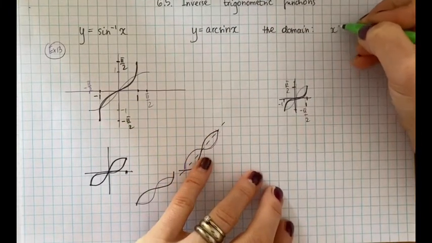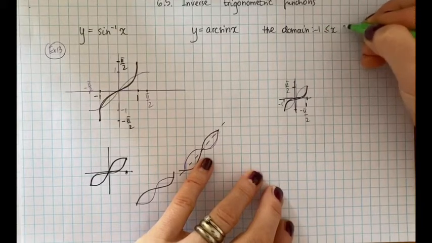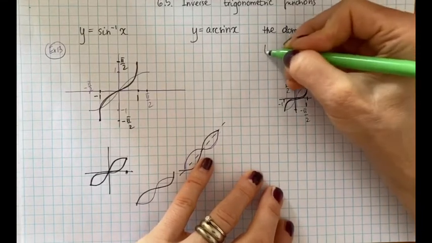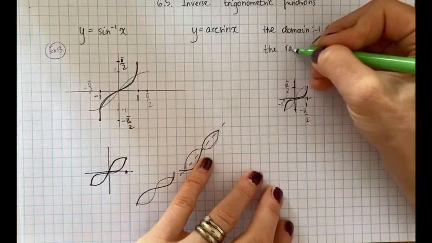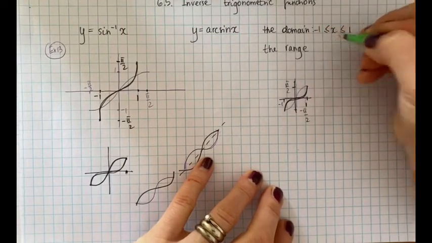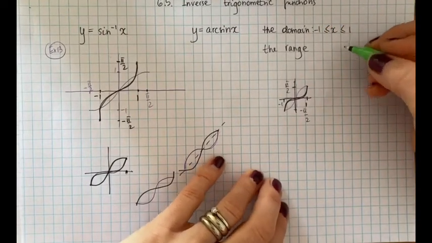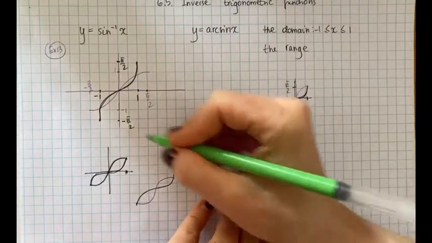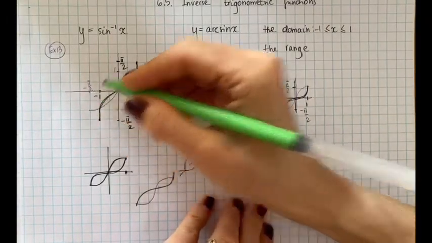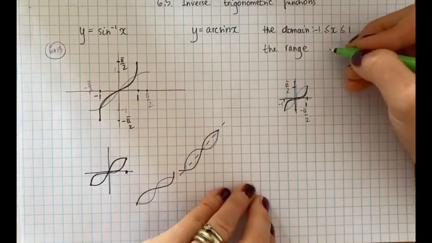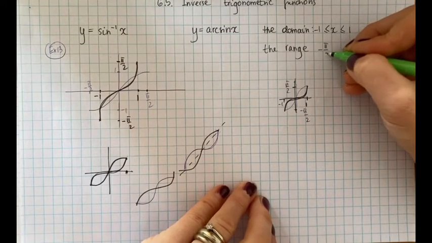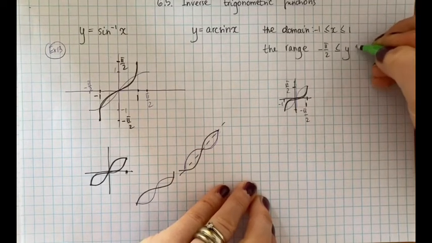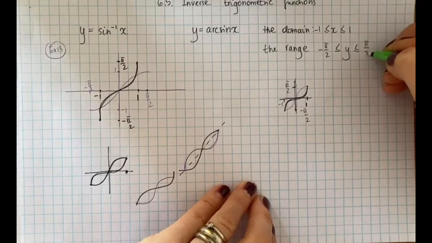So x is between minus 1 and 1. The range will be whatever x values you were drawing your sine graph for, so between minus pi over 2 up to pi over 2. Those are the y values, that's your range.